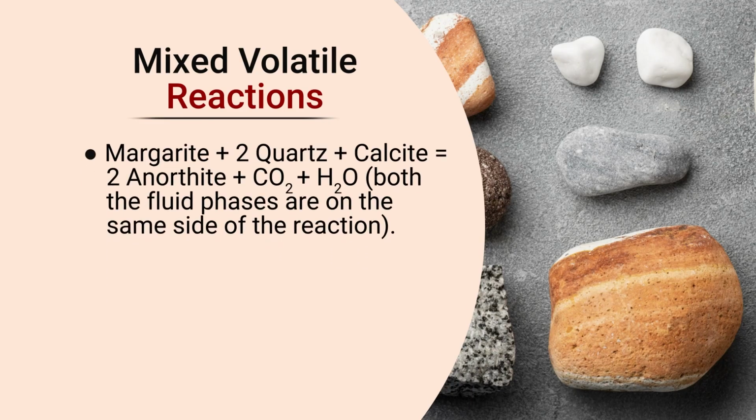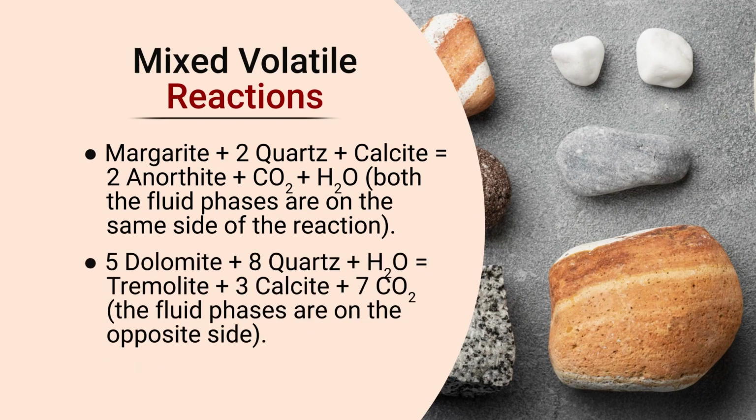Now, I will give you two examples. Margarite plus 2 quartz plus calcite gives 2 anorthite plus CO2 plus H2O. If you see, both the fluid phases, CO2 and H2O, are on the same side of the reaction. This is a mixed volatile reaction. And the other one is 5 dolomite plus 8 quartz plus H2O gives tremolite plus 3 calcite plus 7 CO2.